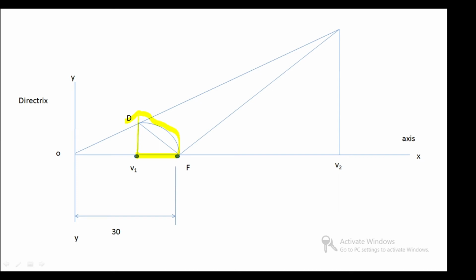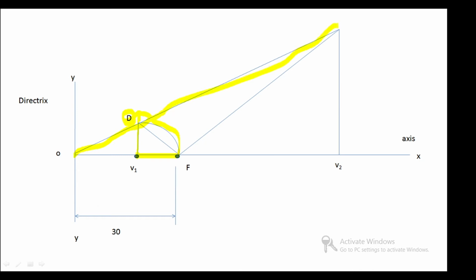The intersecting point is denoted as D. Then draw a line from the origin O, passing through D up to some extent.